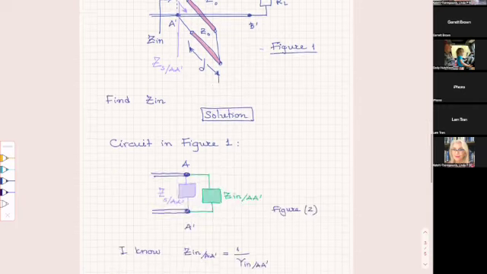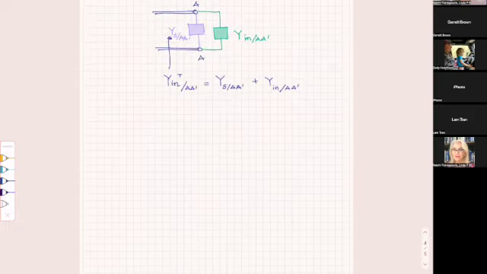Let me now go here and say step 1. Find the impedance, first of all, at A prime.